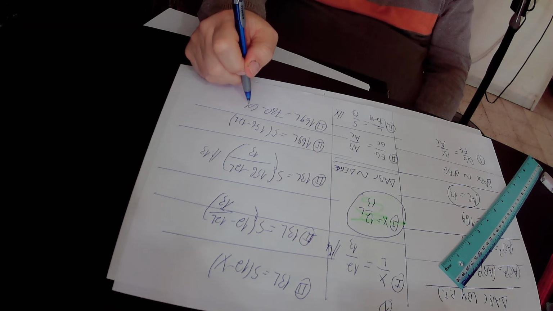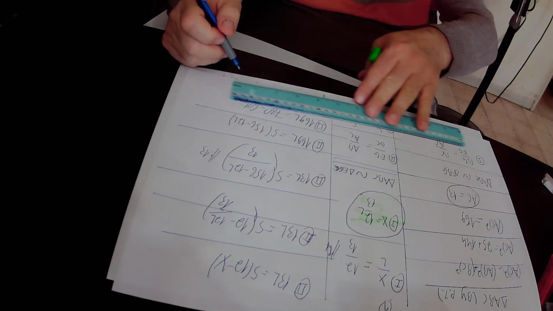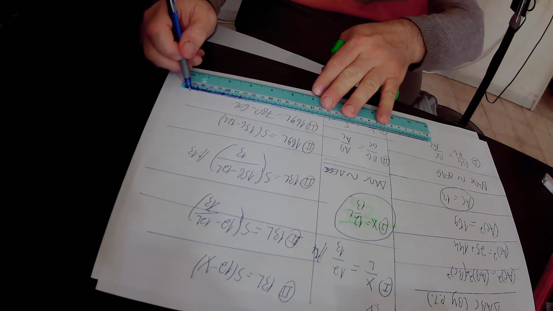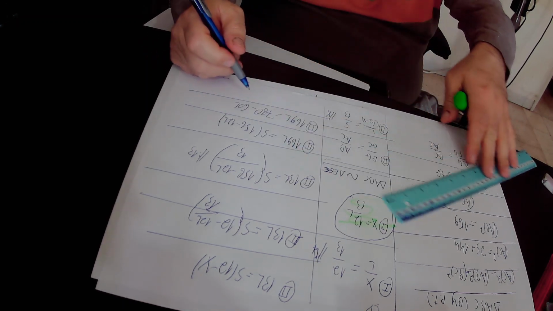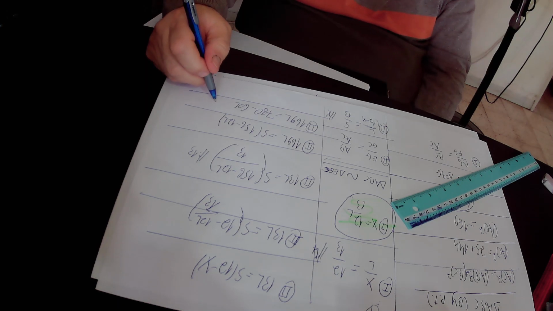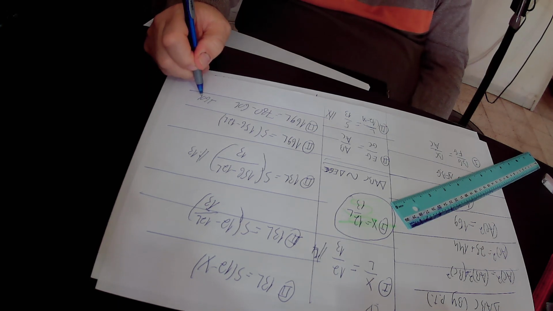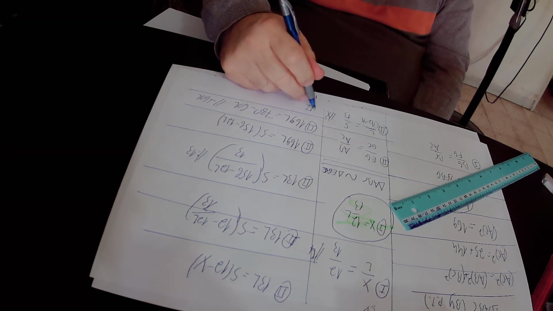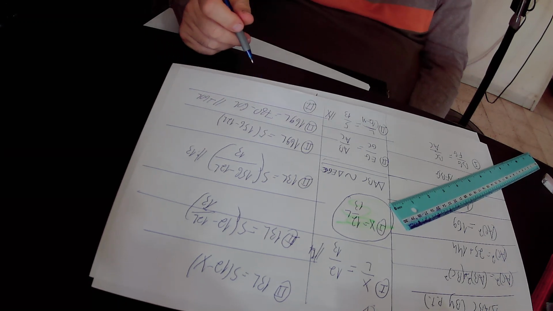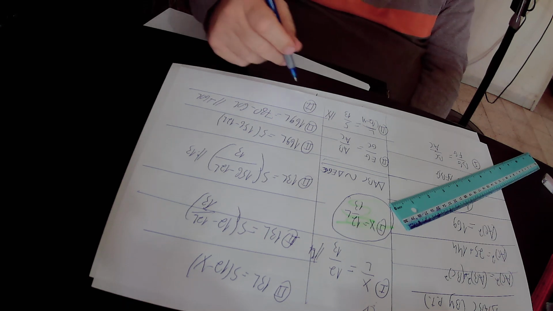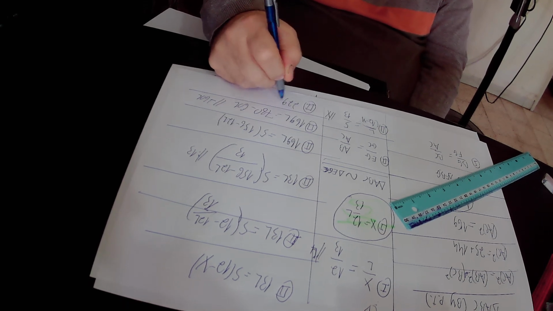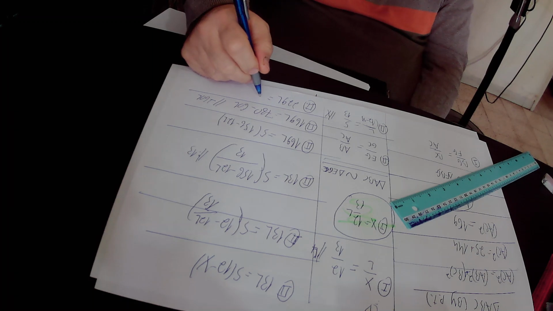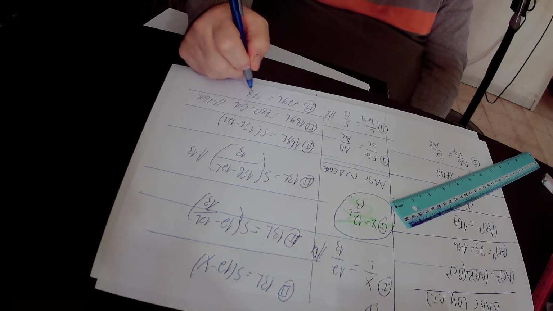In conclusion, 169L equals 780 minus 60L. Here we add 60L to this equation, and you get that 169L plus 60L is 229L, and it equals 780.